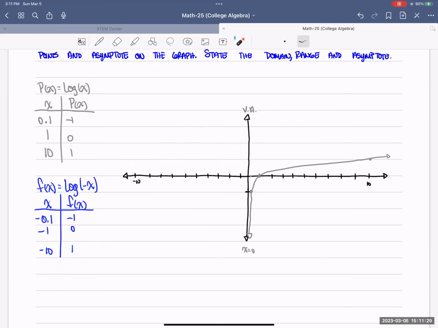So let's get started. From -0.1 to -1, it's going to be really close to 0 here. And now when we input -1, we output 0. When we input -10, we output +1. So our graph does something like this.